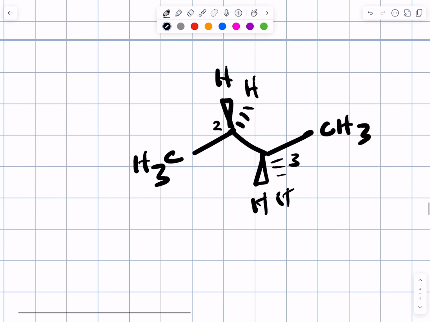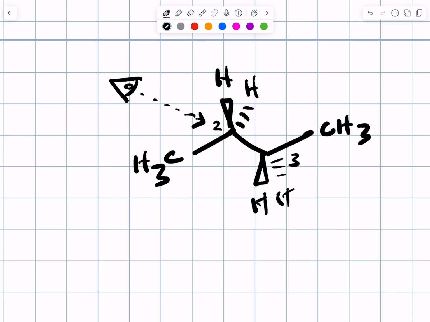I want you to put yourself in the plane of the page and look down the bond between carbons 2 and 3. And I want you to draw, there should be 3 different staggered conformations that you can draw.